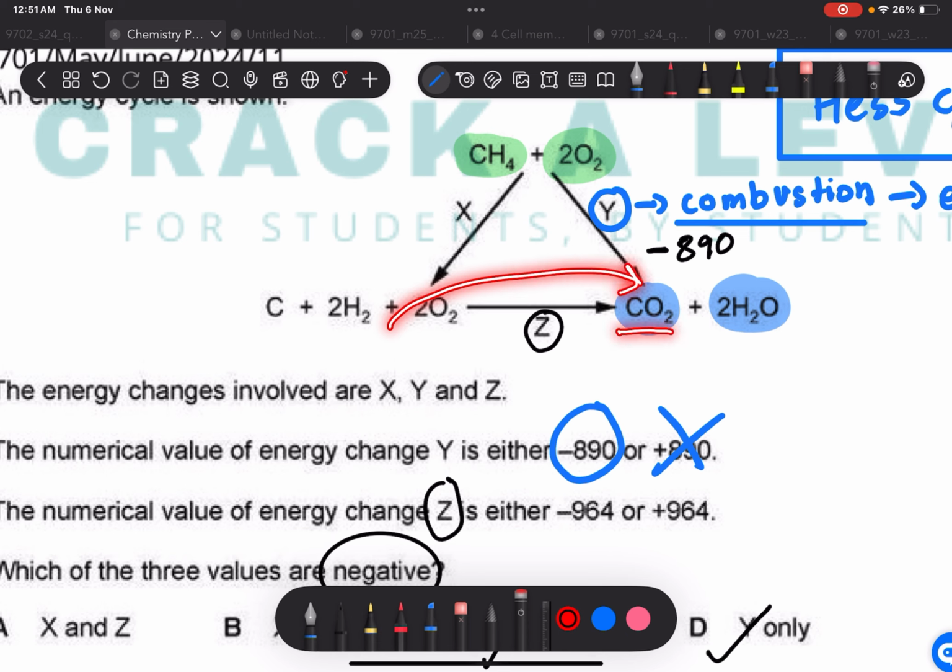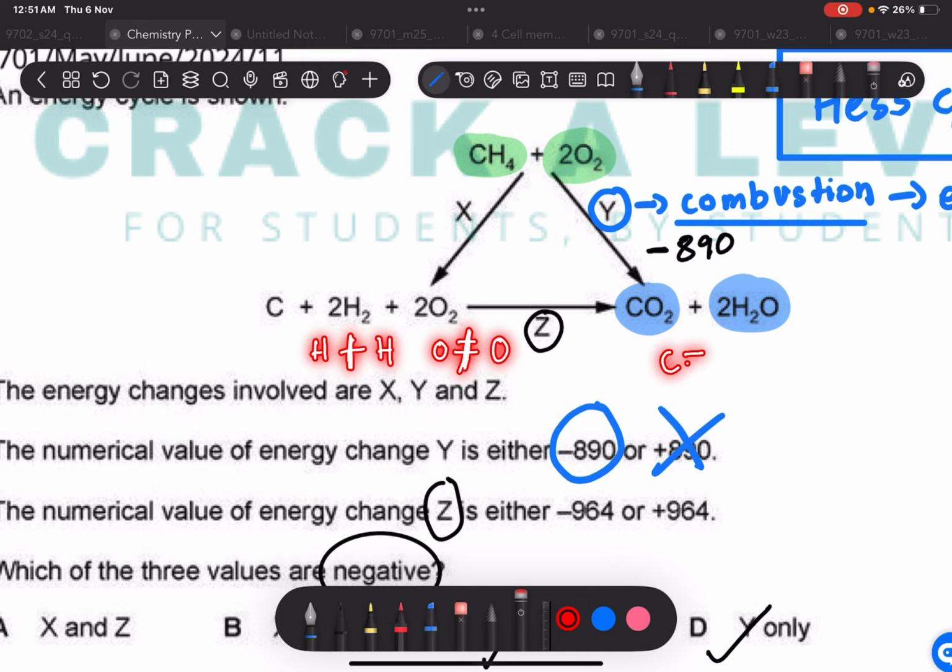Why? Because bonds are being formed. You're forming a proper compound, carbon dioxide and water. I know you might think that the O-H bonds are being broken. Yes, they're being broken, I agree, but you are forming these many bonds. Look at it, you are forming two waters.